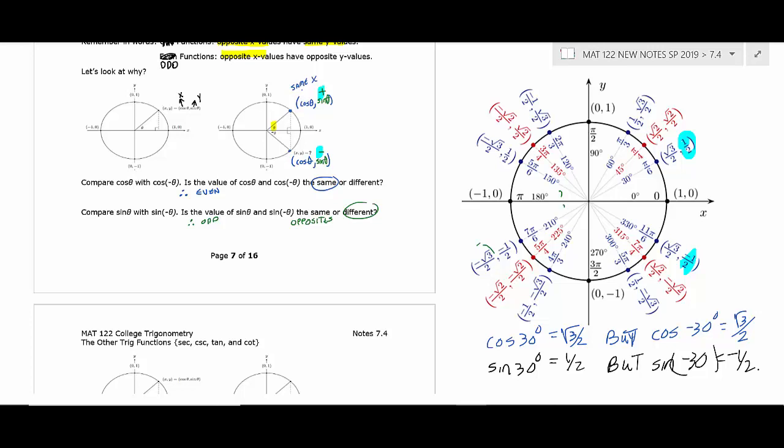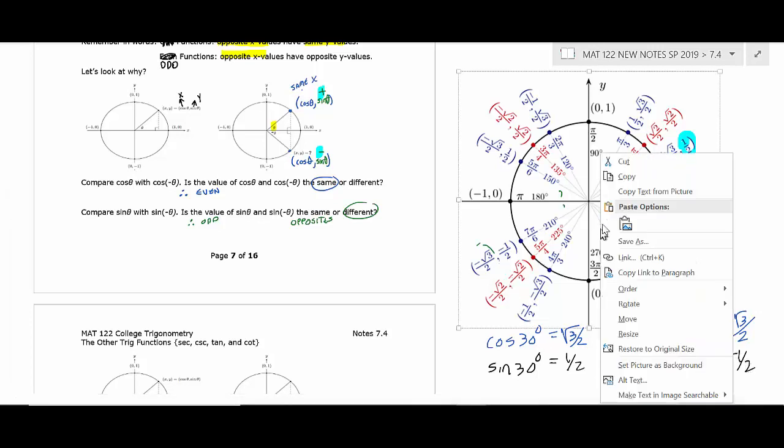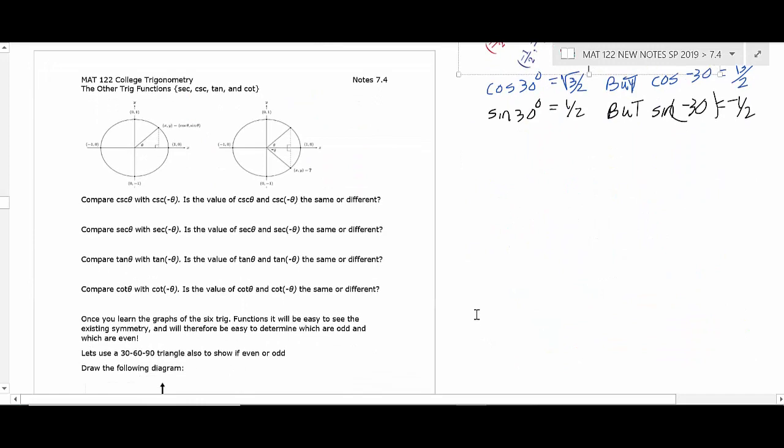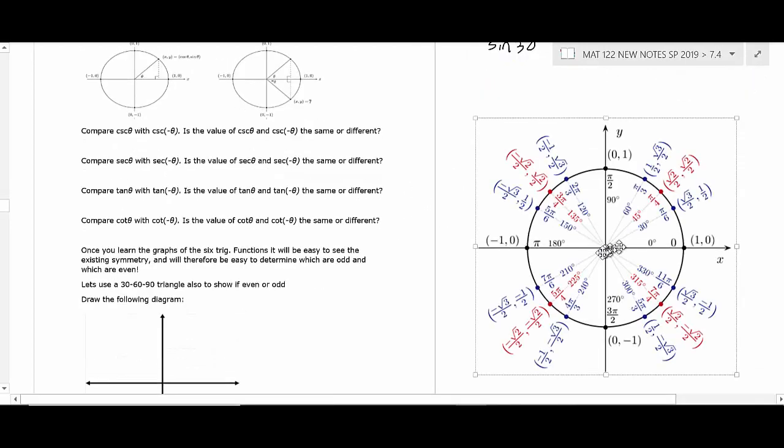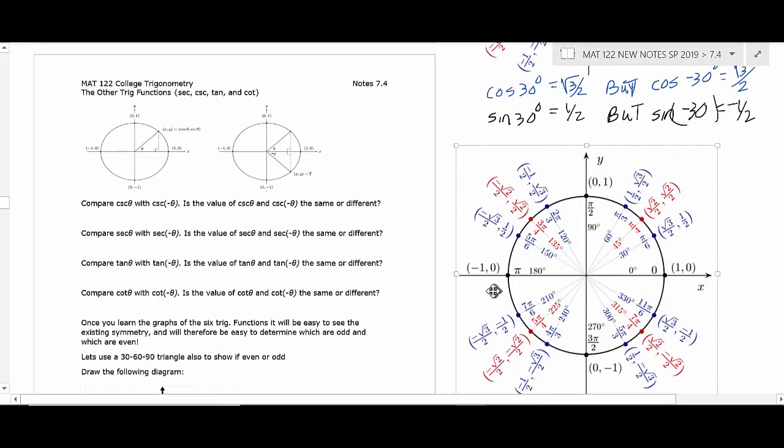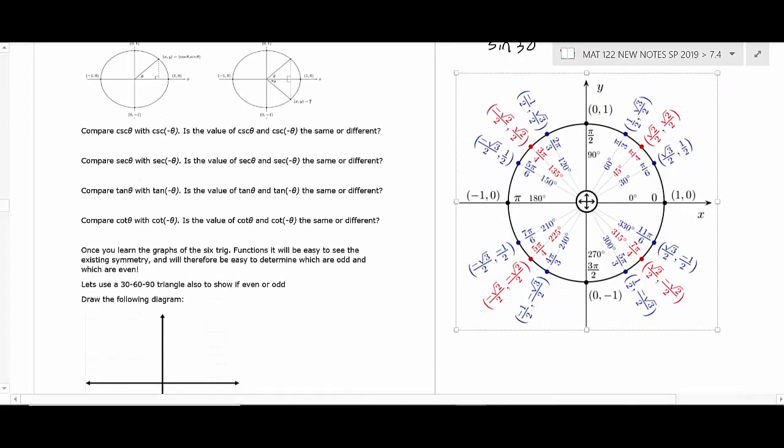Okay, very good. I'm going to go to the next page, and what I want to do here is look at the other ones real quick, and look at the other diagrams on a unit circle. I'm going to paste this unit circle. One way to think of the other trig functions is that the cosecant is the reciprocal of the sine, so it's the same idea.